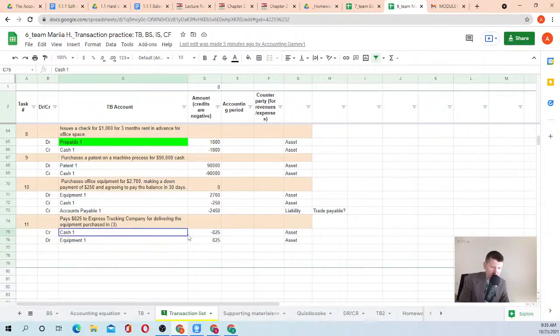And yes, we paid with cash. The same happens when we deliver supplies or raw materials or other inventories to the warehouse. Delivery costs are capitalized in that situation.